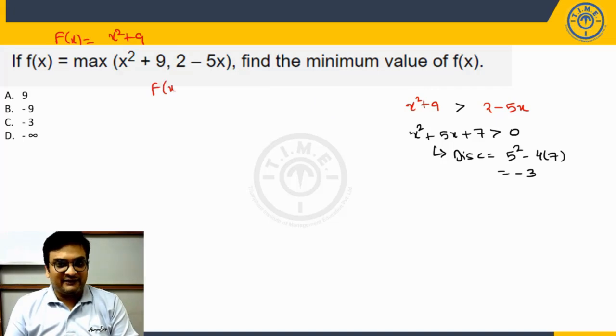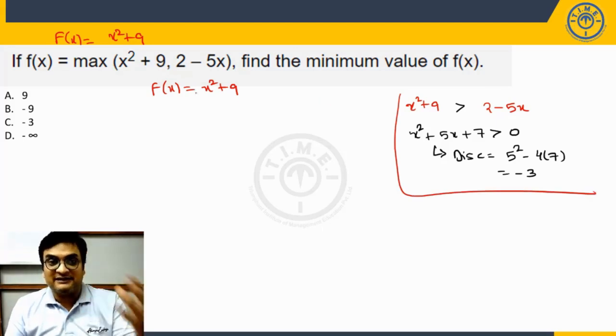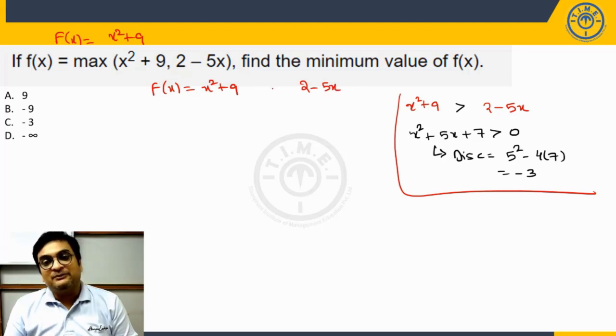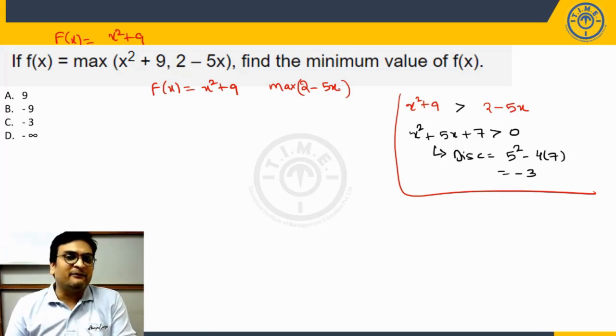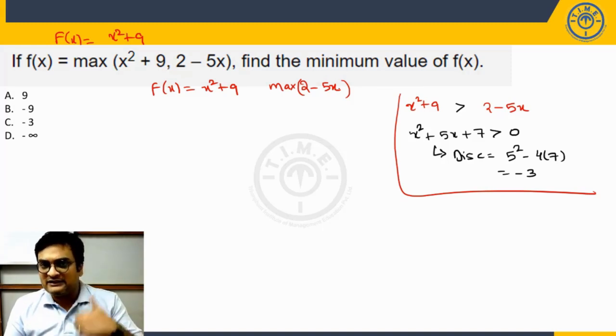One more way of looking at it: observe the maximum value of 2 minus 5x. When x is positive, the maximum value will occur when x becomes 0, because when you put x equal to 1, 2, 3, this will turn negative.